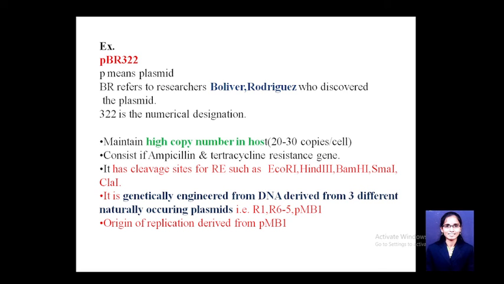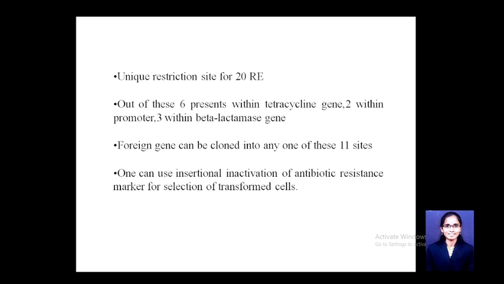This cloning vector was designed by scientists with the help of three different naturally occurring plasmids, that is R1, R6-5 and pMB1. Here, the origin of replication is derived from pMB1, and it has unique restriction sites for 20 different restriction enzymes. So there are multiple opportunities with this artificial cloning vector.